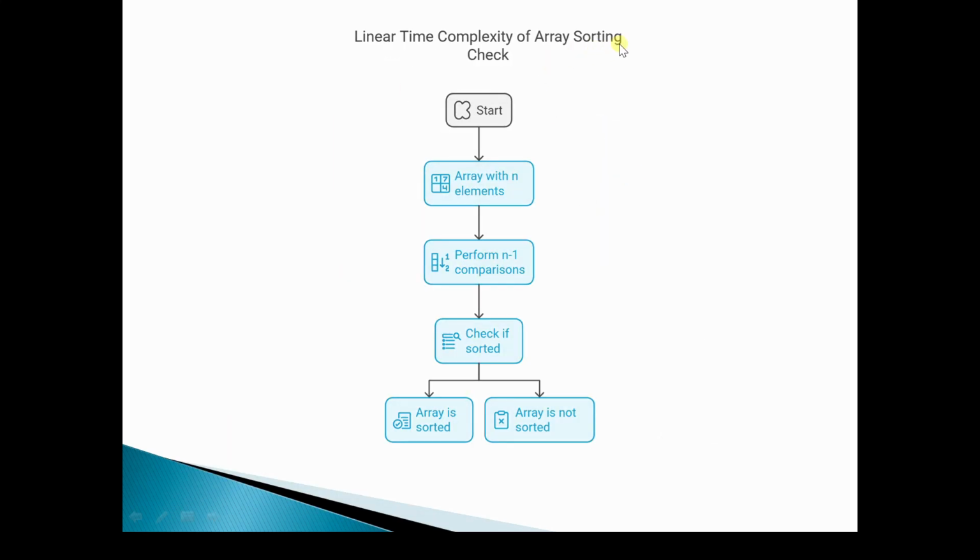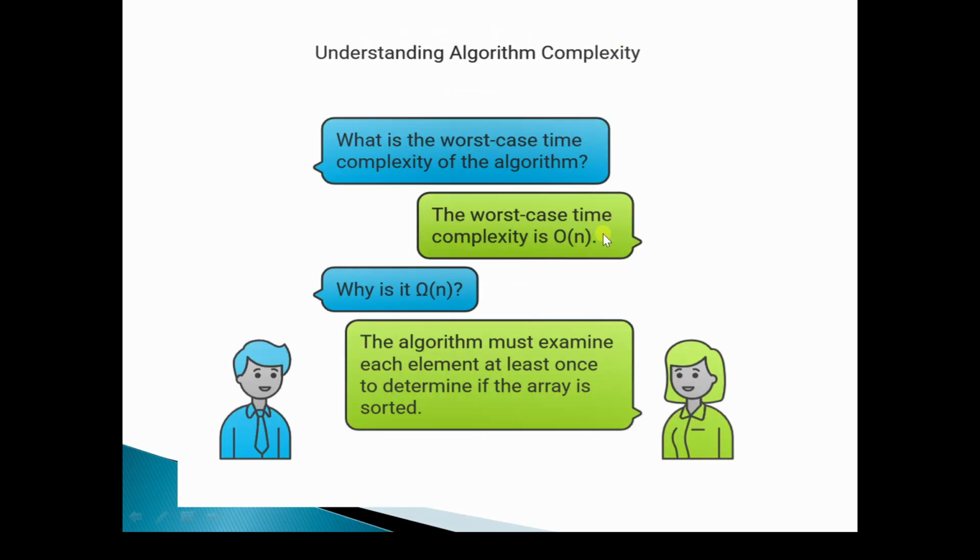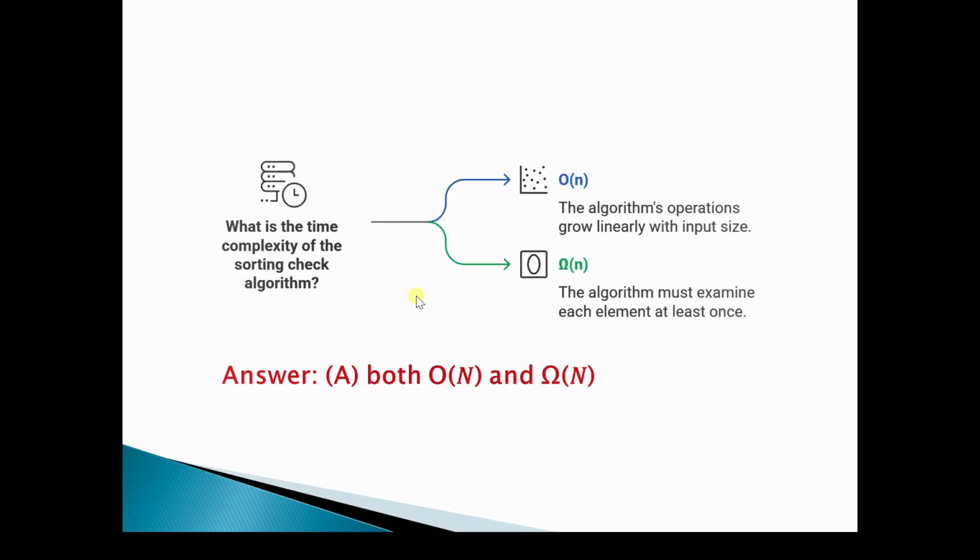But why are we taking omega of n here? It means the algorithm must examine each element at least once to determine if the array is sorted. So it is examining each element with its adjacent element at least once. So the algorithm's worst case time complexity is both O of n as well as omega of n.